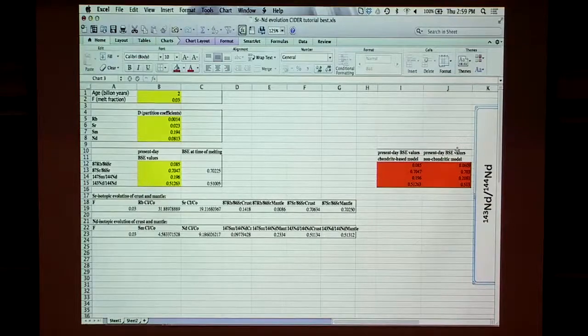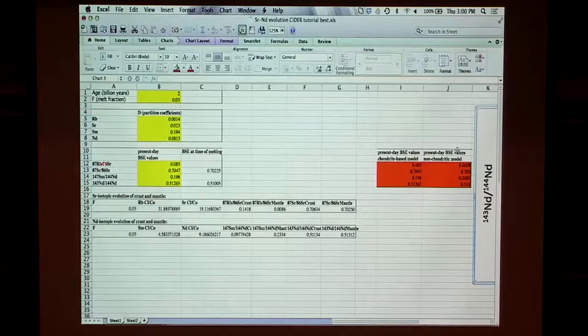So you'll notice here, these are the bulk silicate earth. This is the initial starting composition that we're assuming in the model. Or this is, sorry, the present day bulk silicate earth composition. You'll see that that matches what we have here. And this is the standard model for the composition of the earth.